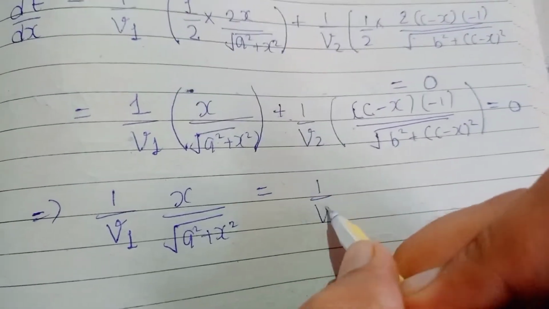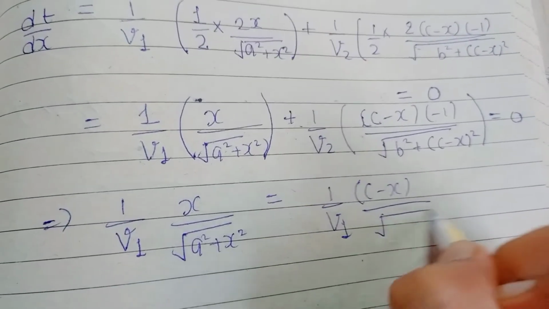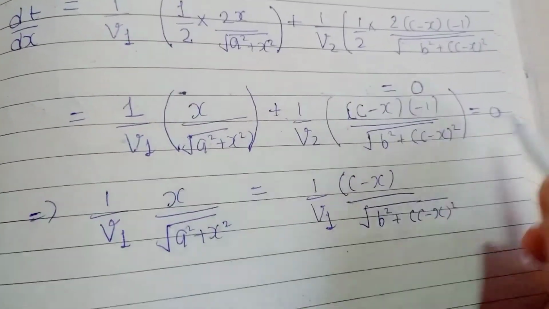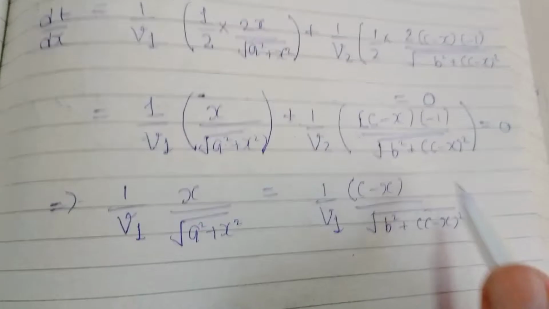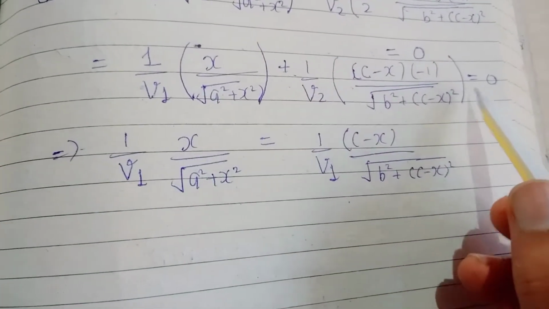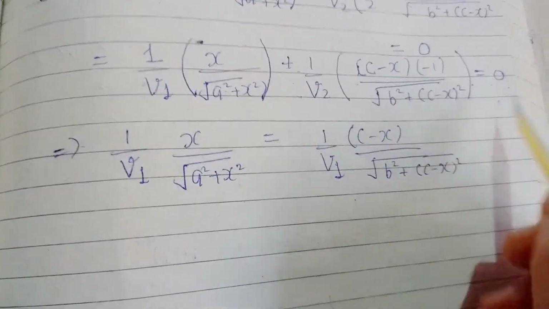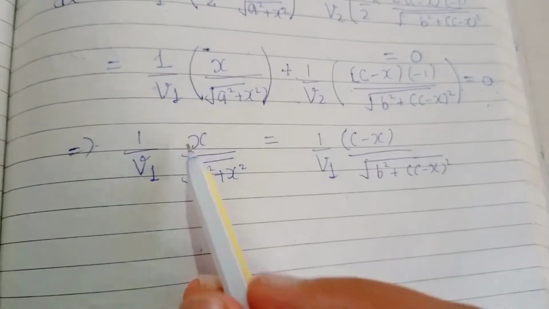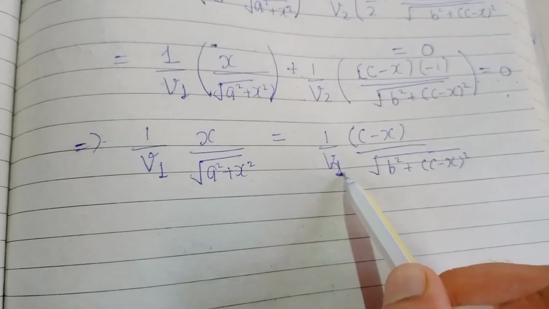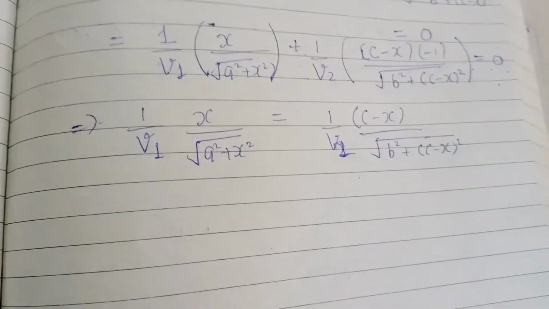So 1 upon v2 c minus x upon under root b square plus c minus x whole square, because we have put these terms equal to 0, so we will take this term this side. So the equation seems like this: 1 upon v1 x upon under root a square plus x square equal to 1 upon v2 c minus x upon under root b square plus c minus x square.